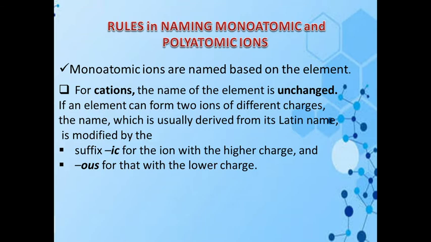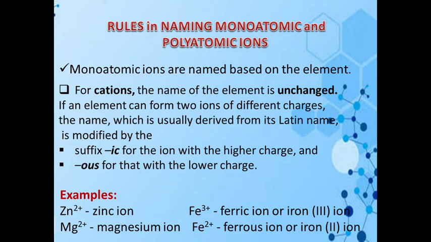If an element can form two ions of different charges, the name is usually derived from its Latin name and modified by suffixes. So we have the suffixes IC and OUS. But how can we apply this? We use IC for the ion with the higher charge, and OUS for the one with the lower charge. For example, we have the zinc ion, magnesium ion, ferric ion or iron 3, and ferrous ion or iron 2.